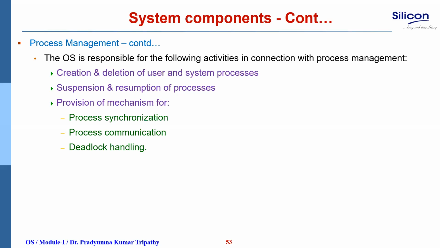So the process has to be suspended temporarily, and when the user comes back and wants to interact, the process should resume to its previous state, correct? Whenever required, it should start from the position where it was suspended.